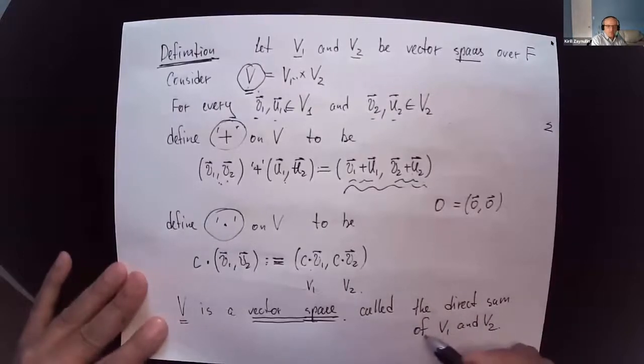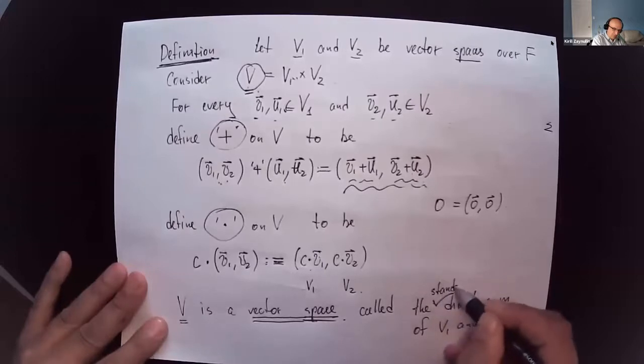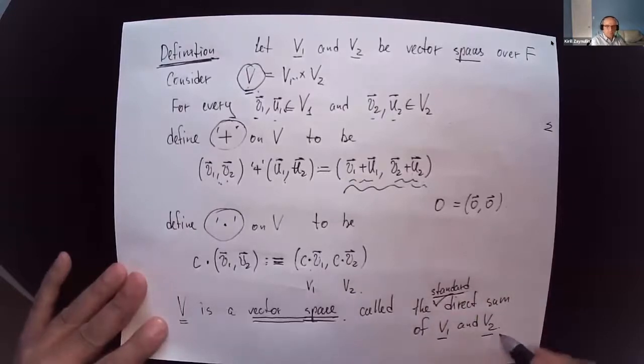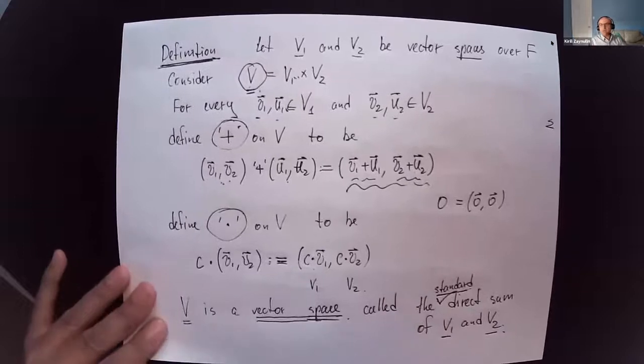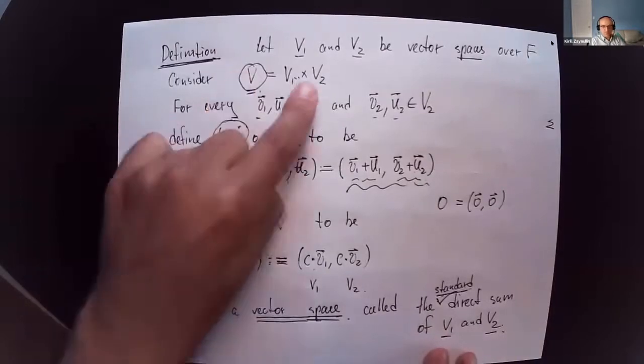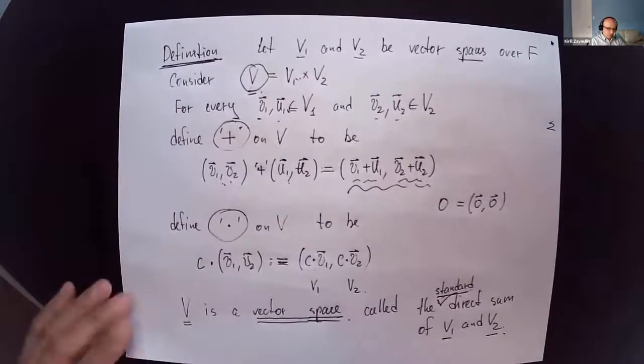And maybe it would be natural to stress what kind of direct sum. Let's put it in this way: we call it the standard direct sum of V1 and V2, because there are many other direct sums, right? So to stress that this V precisely is obtained just by using this Cartesian product and these operations, we call it a standard direct sum.